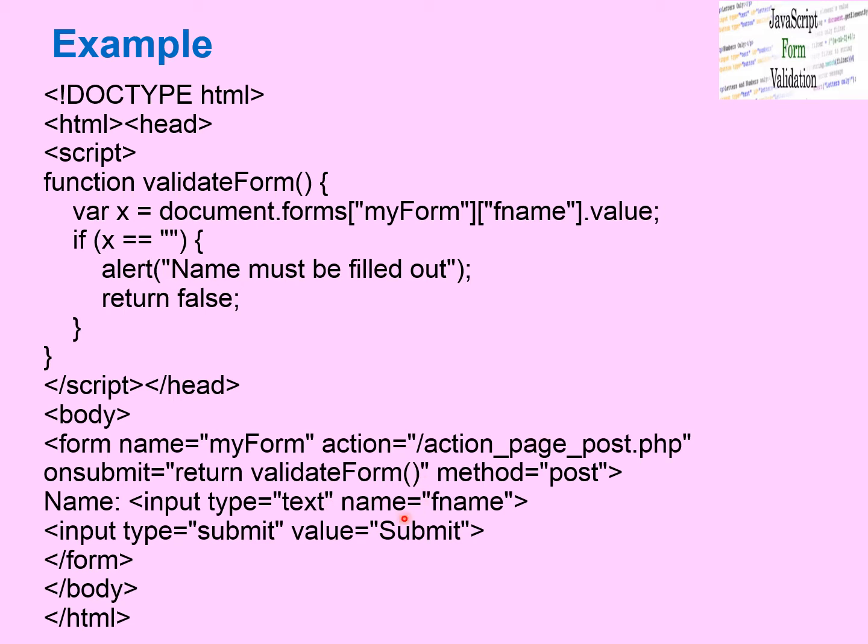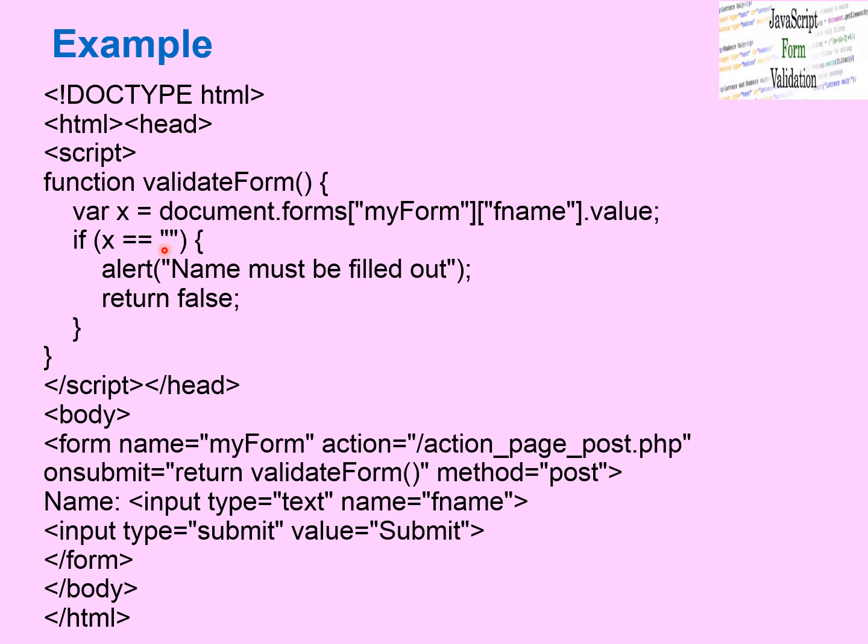Once again, I explain the same thing. If the user is inputting a value like ABC and clicks the submit button, the corresponding validate form function will work. In the validate function, the function is trying to access the value in the fname text box. Suppose the value is ABC. So this ABC is stored in variable X. Checking ABC with the null string, this comparison is false.